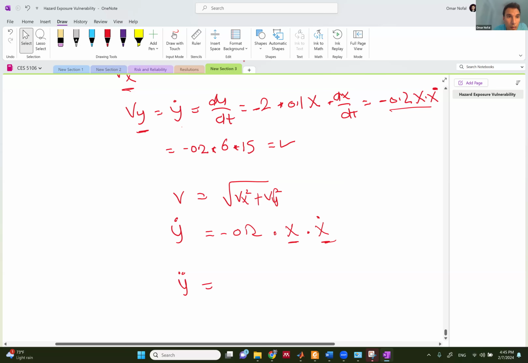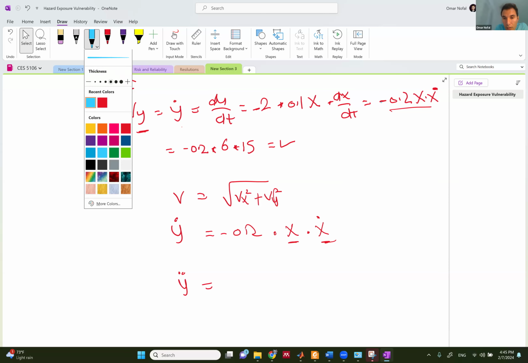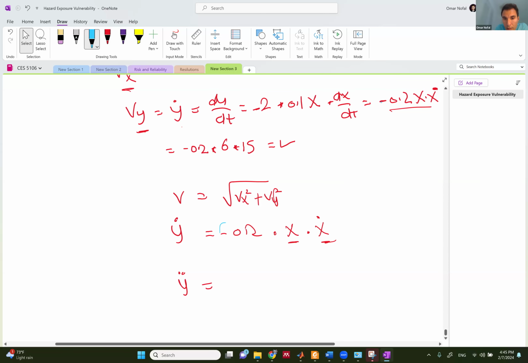Okay, so the derivative of this part first is going to be negative 0.2 multiplied by dx dt, which is x dot, and then we have another x dot, so this is going to be squared, plus negative 0.2 x.